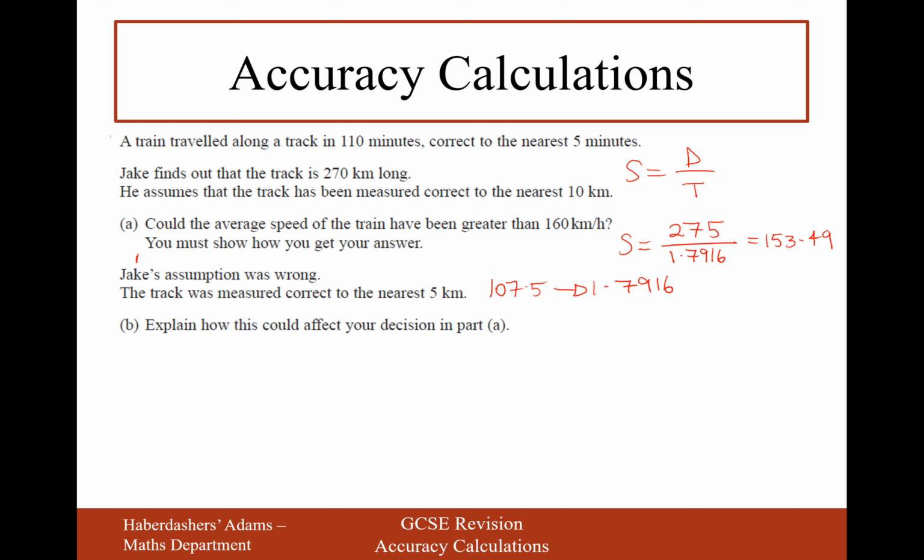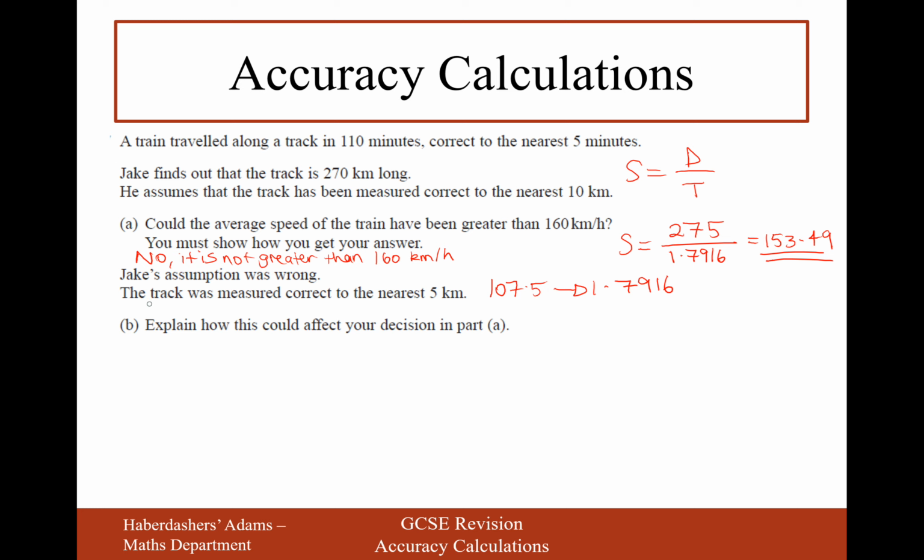So no, it is not greater than 160 kilometres per hour, because the maximum it could have been was 153.49 kilometres per hour.